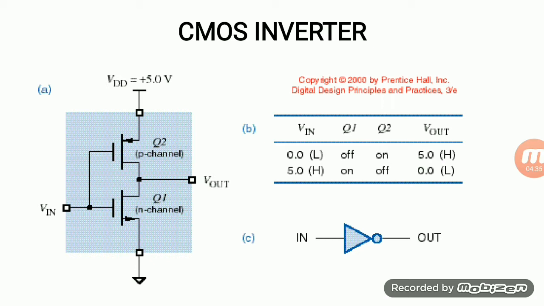So in the pull-up network we use a p-type transistor, and in the pull-down network we use an n-type transistor. Both are given the inputs as well as the outputs. Vin is the input, and the output terminal is Vout. Based on the input, either the p-type transistor or the n-type transistor will be on.